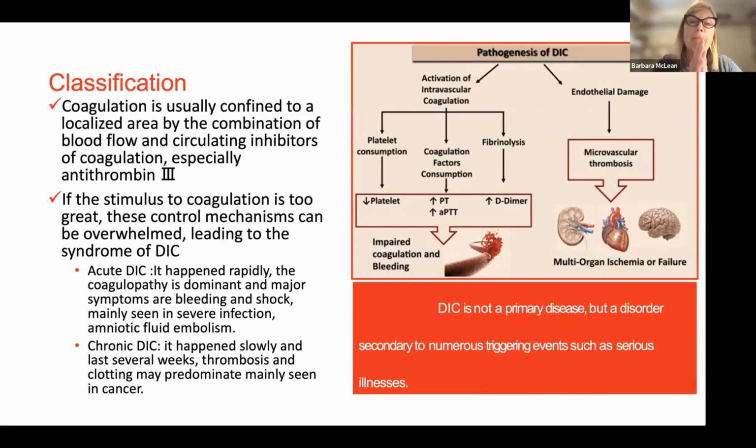Now, the other side of this coin is really, really important. DIC is a consumption of our clotting products, so it's procoagulation. It's also a high-level release of fibrinolytic, so it's also anticoagulation. In addition, as this is all rolling along the vascular wall, you're going to start to see some endothelial damage.